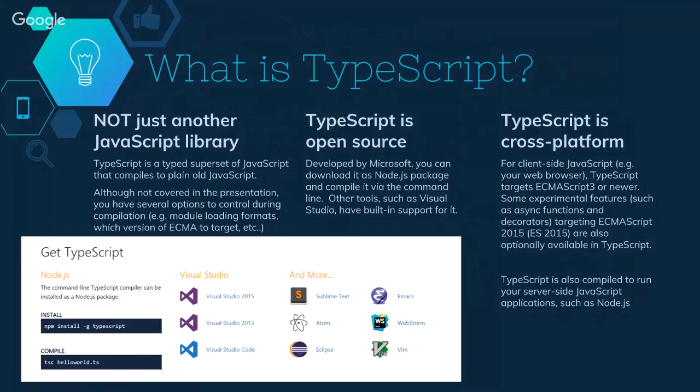You can target ECMAScript 3, which I believe is the default. You can go all the way up to even ECMAScript 6 or ECMAScript 2015. There are some experimental features like async functions, decorators. We're not going to get into a lot of those that can target upper versions. So in addition to your client-side stuff like browsers running JavaScript, your server-side JavaScript, such as Node, is also compatible with TypeScript.